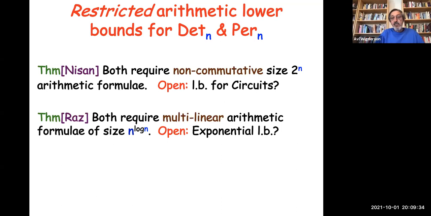But this cannot be done in polynomial size. We have this lower bound. Of course, it would be nice to get a bigger lower bound, and maybe it's exponential for both. Nobody has one. I mentioned that determinant has formulas of size n to the log n, but they are not multilinear. They are homogeneous, but not multilinear. So that's another great open question.